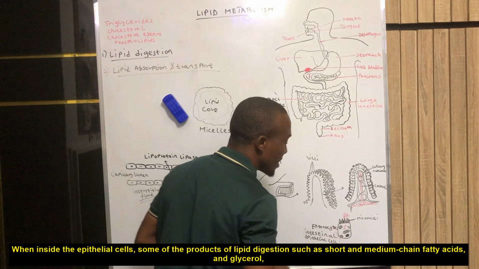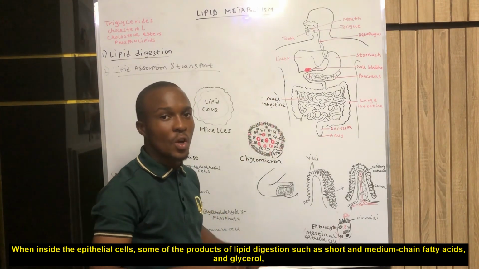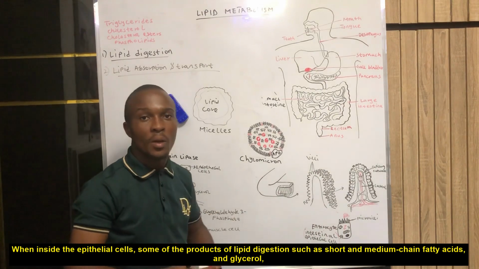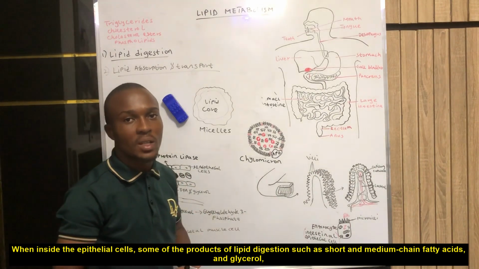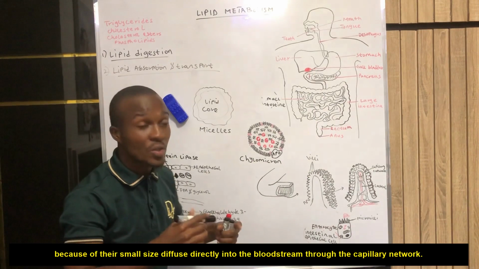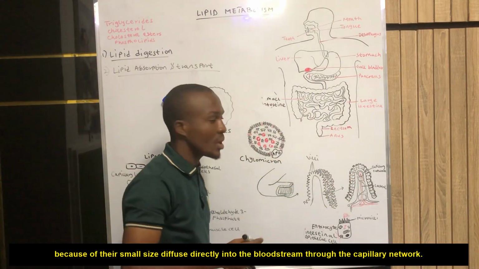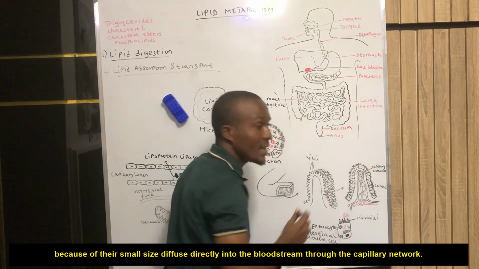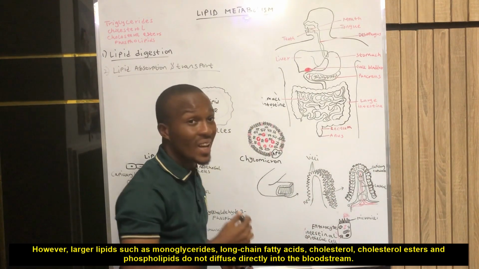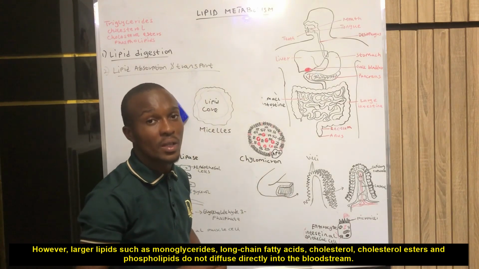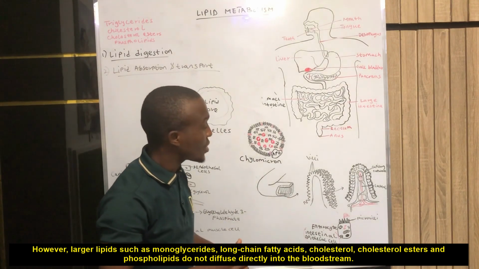Inside the cells, short chain fatty acids, medium chain fatty acids, and glycerol, because of their small size, diffuse directly into the bloodstream through the capillary network.